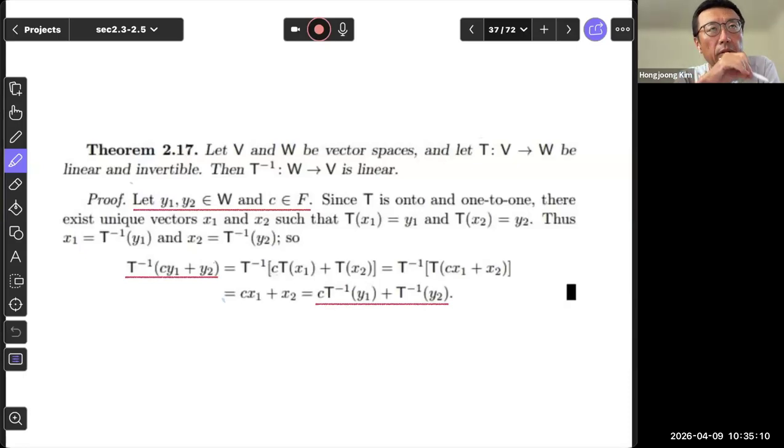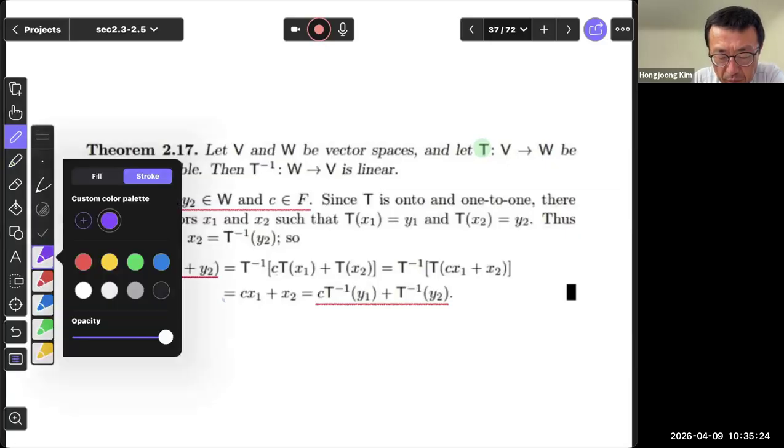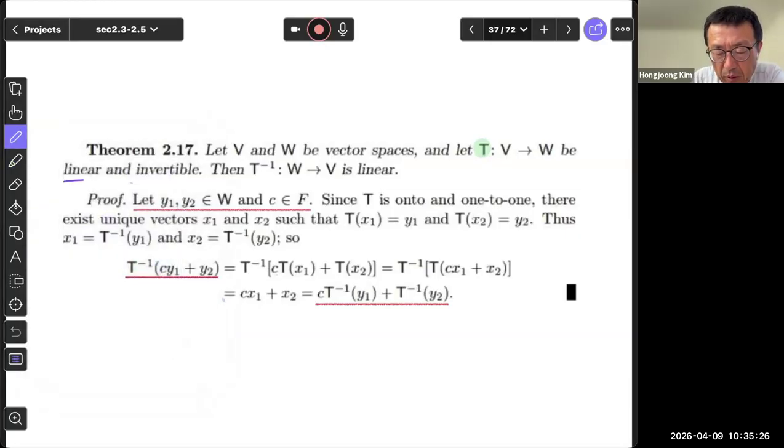And theorem 2.17, the third theorem, shows that if T is linear and invertible, then, as I said, T inverse is also invertible, and it must be linear.